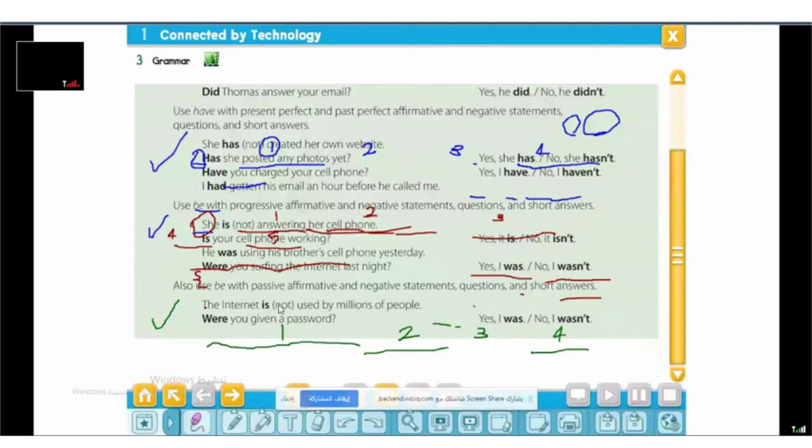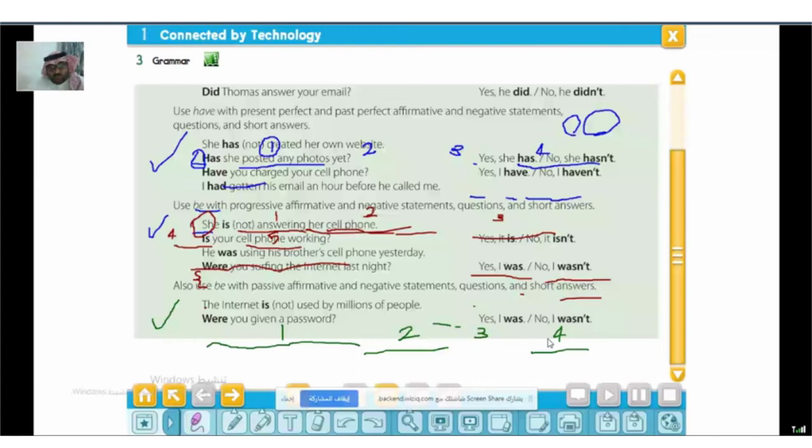This sentence is a passive affirmative. And the negative statement is no. It's a negative statement.